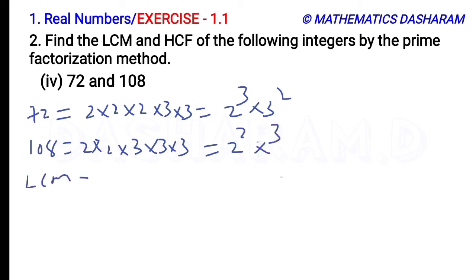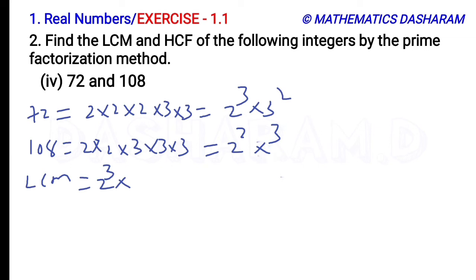Next, LCM. LCM means the product of the factors with the greatest power. See here, 2 cube, its power is 3. Here 2 square, its power is 2. The greatest one is what? 3. So that is why you should consider 2 cube. Next 3 square, but here 3 cube.